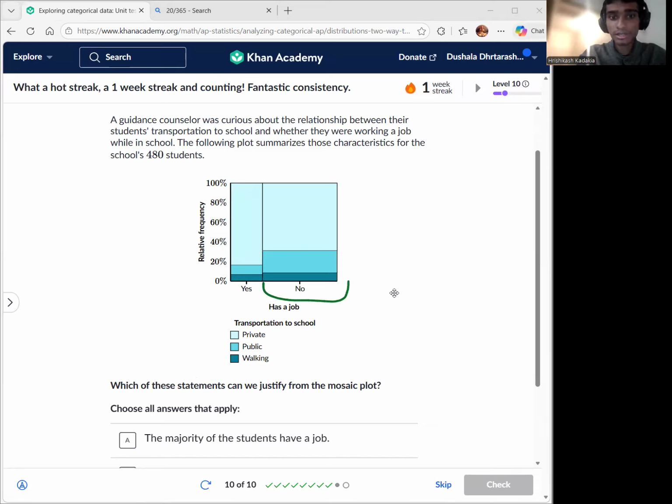The bulk of the students who do not have a job are actually using private transportation. Public transportation is used by these many students.